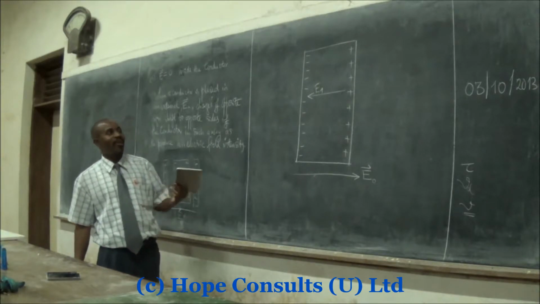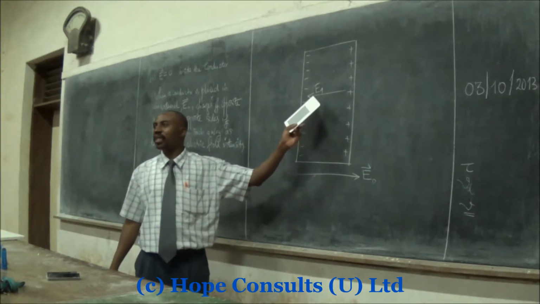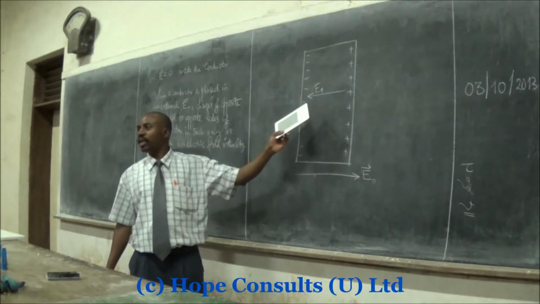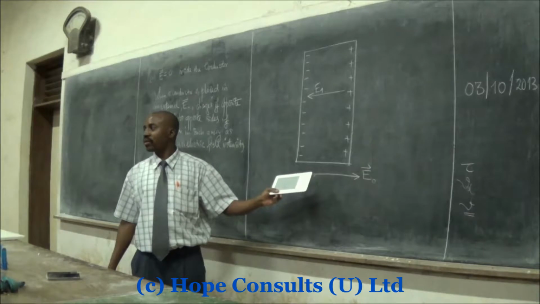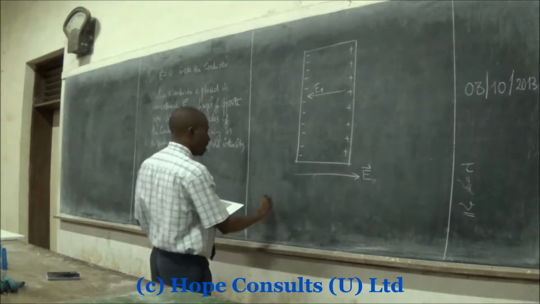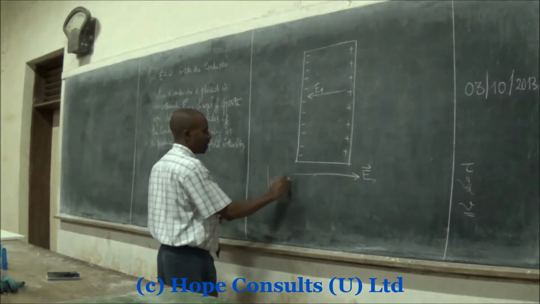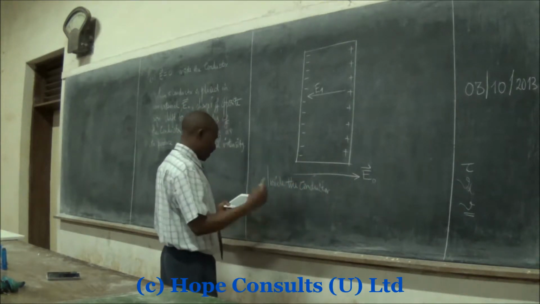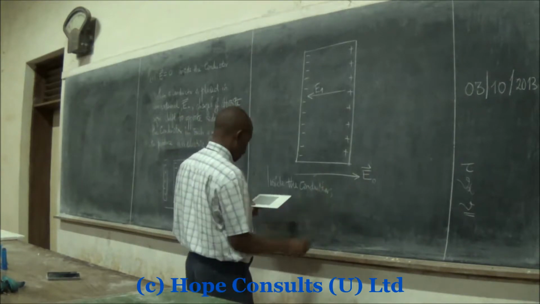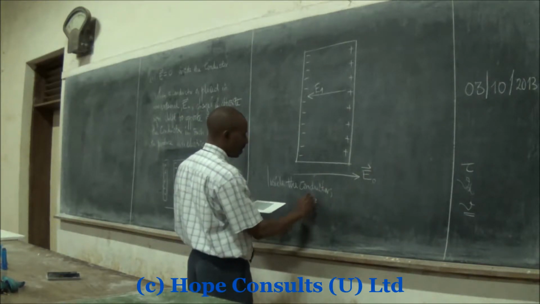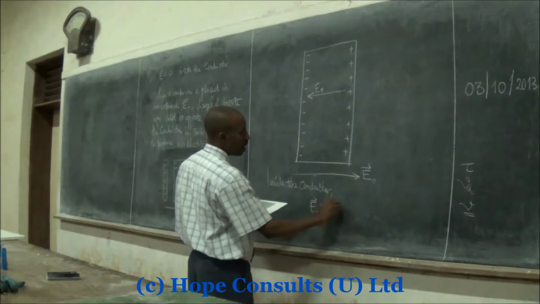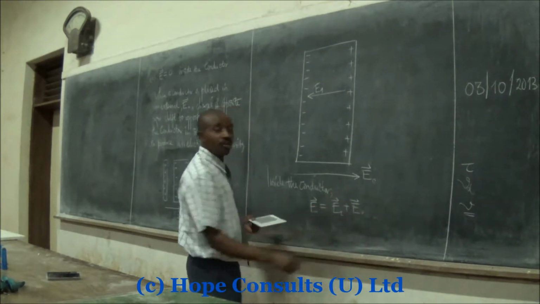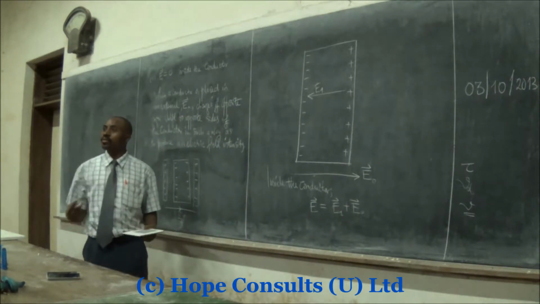So this is just to make ourselves comfortable that there is a created electric field and also an applied electric field. But in actual sense, what happens inside the conductor is that the effective or resultant electric field E would be equal to E1 added on E naught, because both of them are going through the conductor.